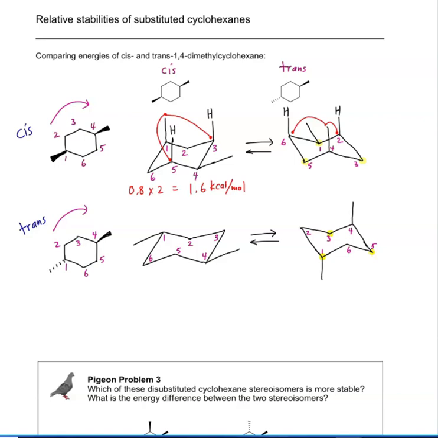There are no other gauche-butane interactions because we don't see any of the other 2 patterns that I described to you previously. So this one also has 2 gauche-butane interactions, each of which carries an energy of 0.8 kilocalories per mole. So the total strain energy for this chair is 1.6 kilocalories per mole.